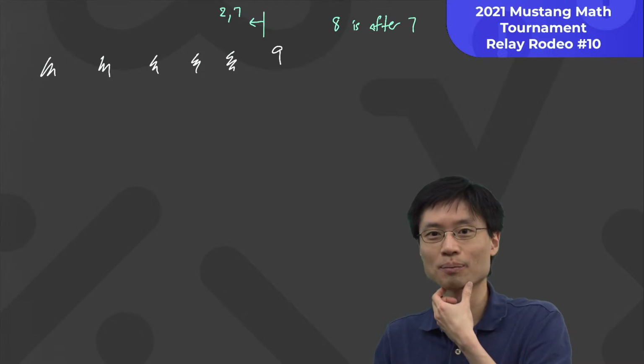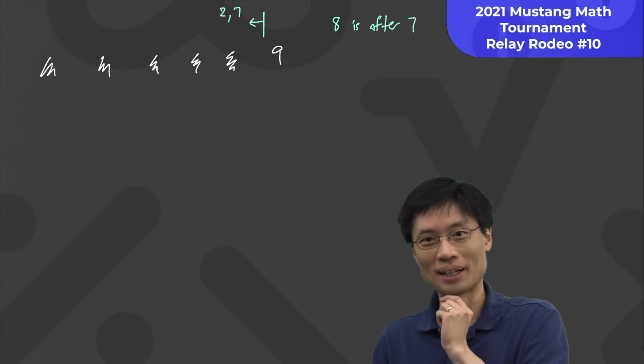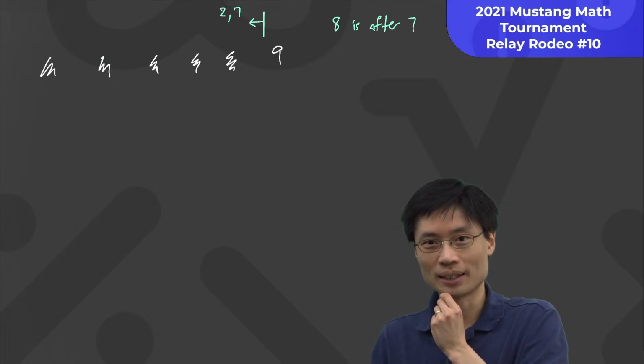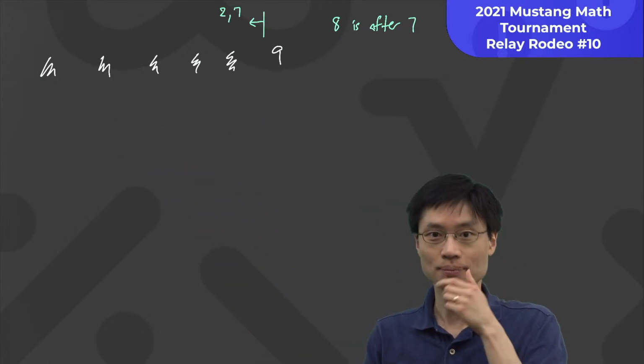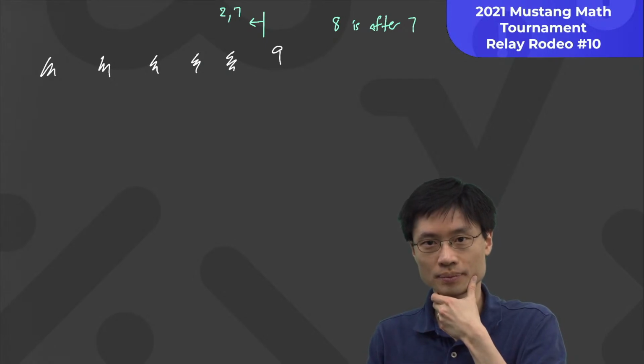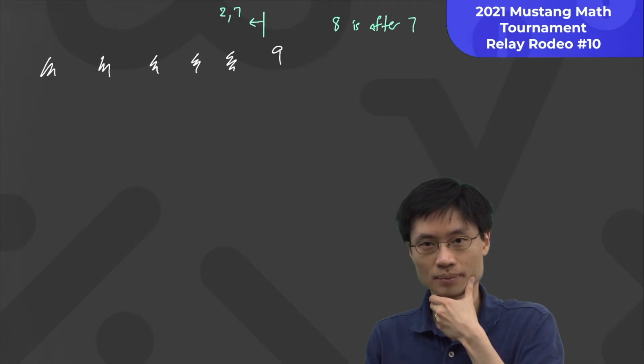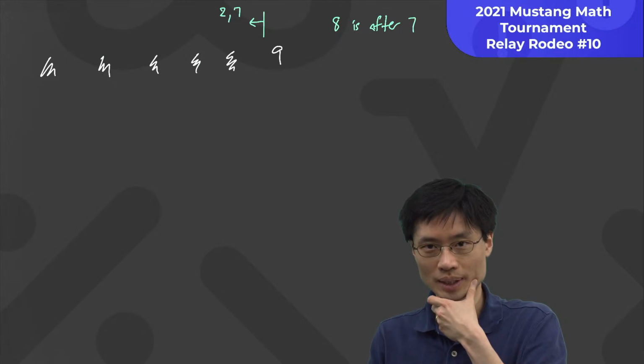Because I'm trying to put this into like a stars and bars type situation where I just need that there's at least 2 of my numbers out here. Okay.